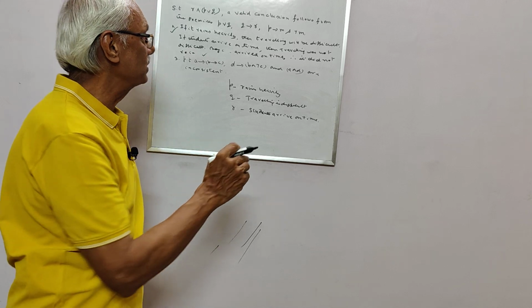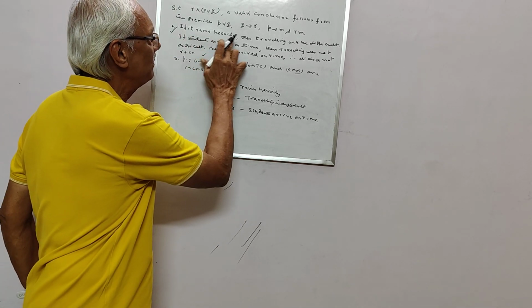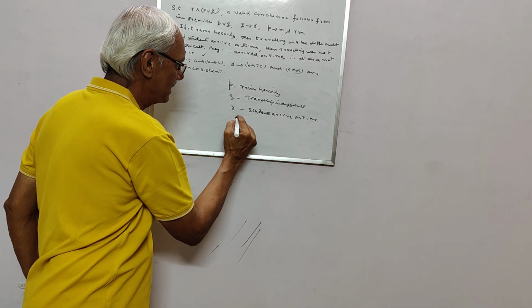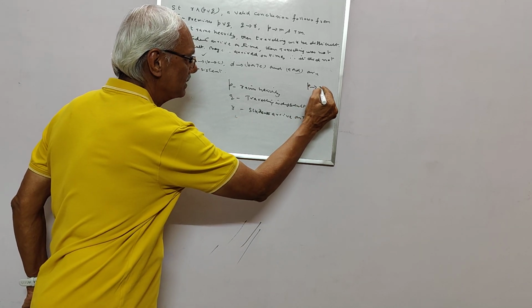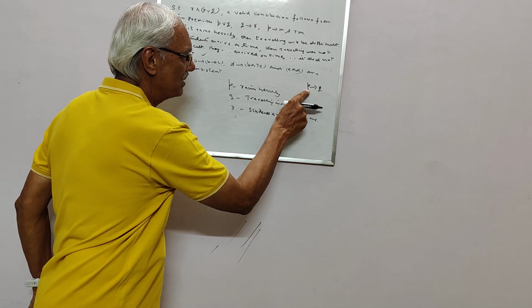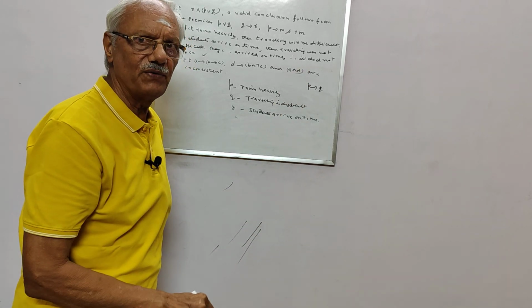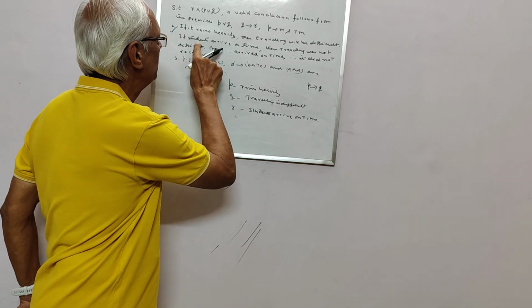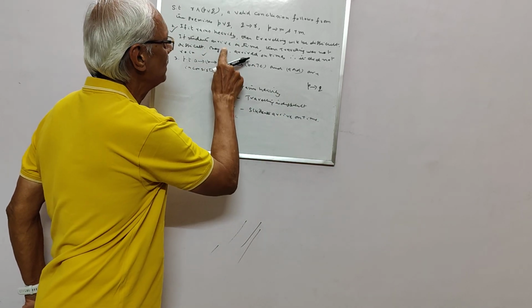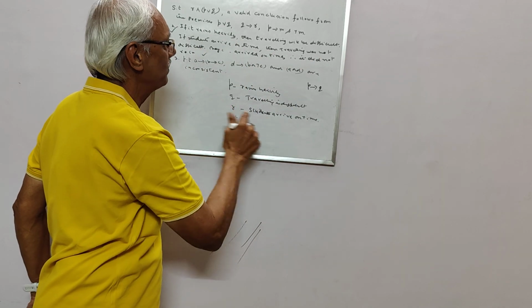If it rains heavily, then traveling will be difficult. I write here P implies Q. This is the first compound proposition. The second one is: if students arrive on time, then traveling will not be difficult.